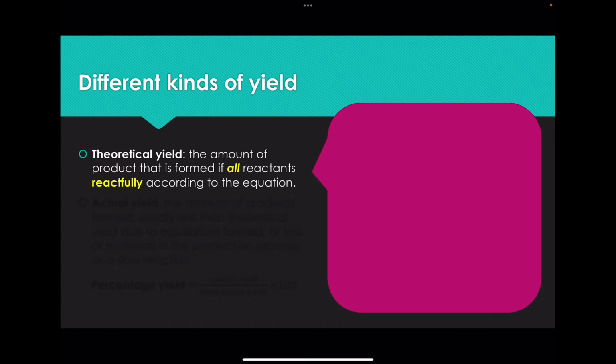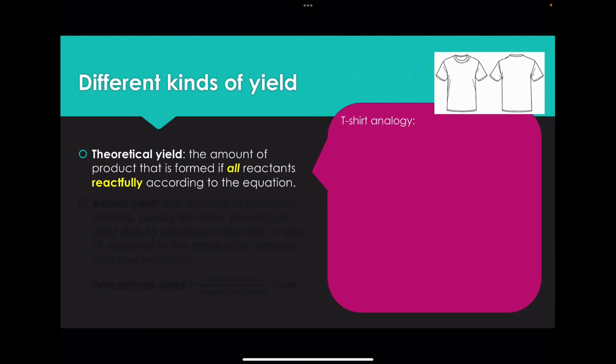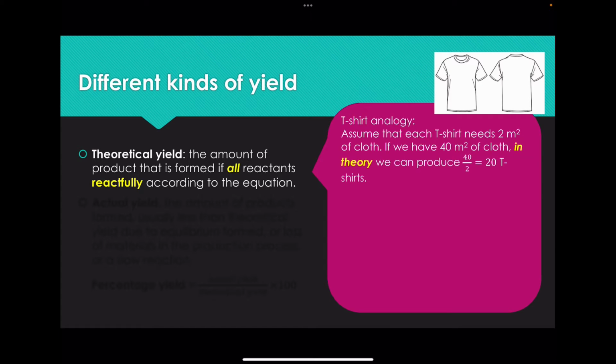To draw on a t-shirt making analogy, assume that each t-shirt costs 2 meters of cloth to make. So if we have 40 square meters of cloth, in theory, we can produce 20 t-shirts.